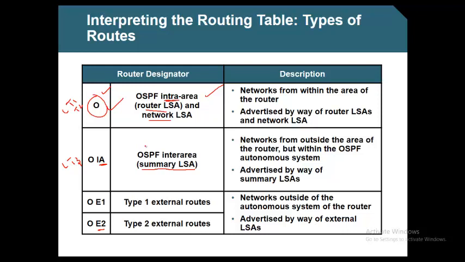Now, when we learn routes, we are type 5. Type 5, you will have E2. The default is E2, but you can convert it into E1 if you wish. So what is E1?